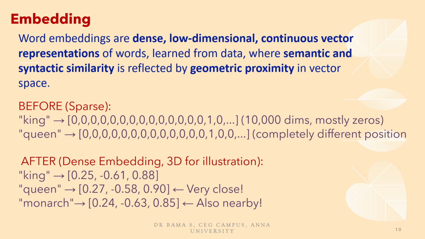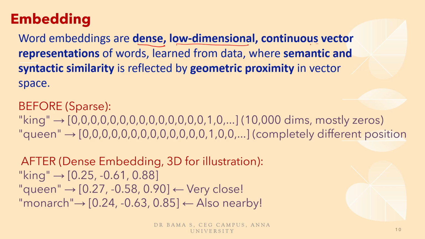So what are word embeddings? This is the definition: a dense, fixed size, low dimensional, continuous vector representation of words which is learned from data. Sparse is where we saw many zeros in the matrix. Dense is not many zeros; there are only values, and all those values have some meaning. Low dimensional, because we are accounting only for the values that are important.